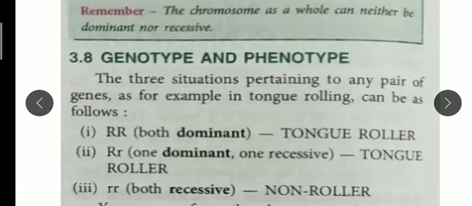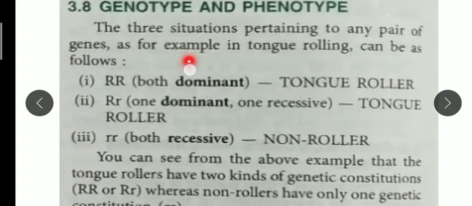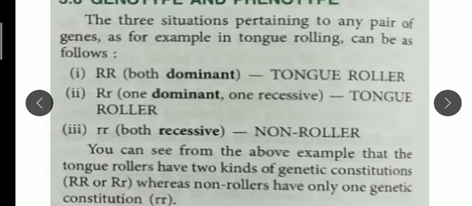Here they are showing the three situations for the tongue rolling example only. So RR: if an individual has RR, both are dominant alleles, so the person is able to roll the tongue like the boy. Then if anybody has the combination Rr, capital and small both, we know that the individual has the dominant gene and the recessive gene, but the dominant will always supersede. So in this case also the person will be able to roll the tongue.